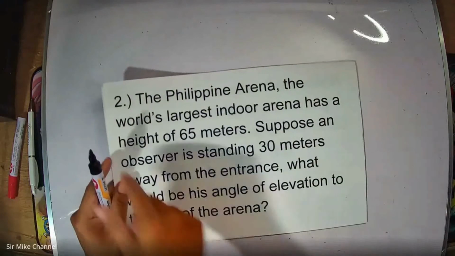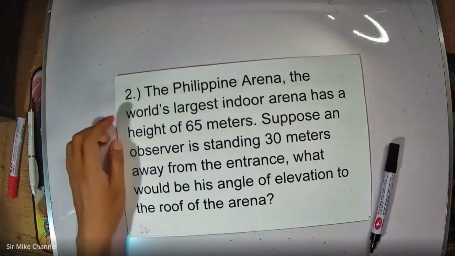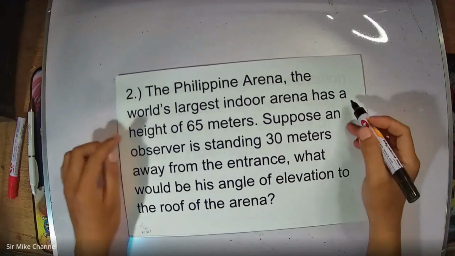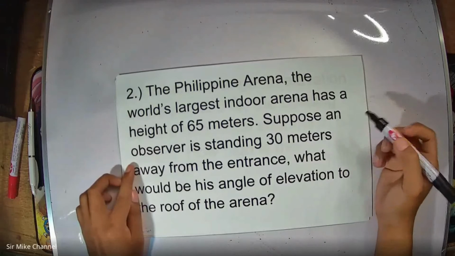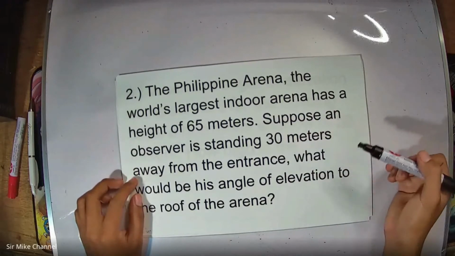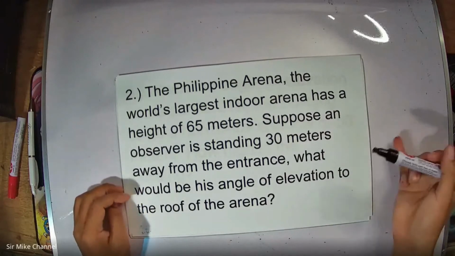Number 2 question: the Philippine Arena, the world's largest indoor arena, has a height of 65 meters. Suppose an observer is standing 30 meters away from the entrance. What would be the angle of elevation to the roof of the arena?